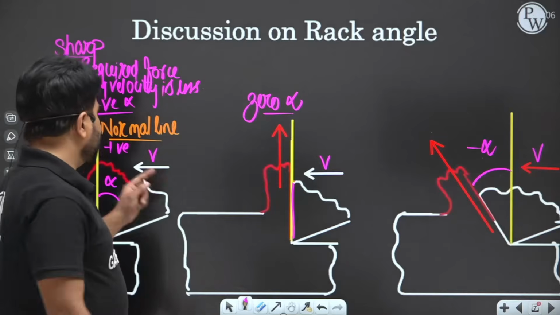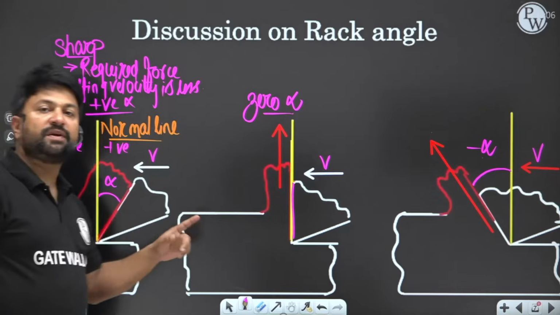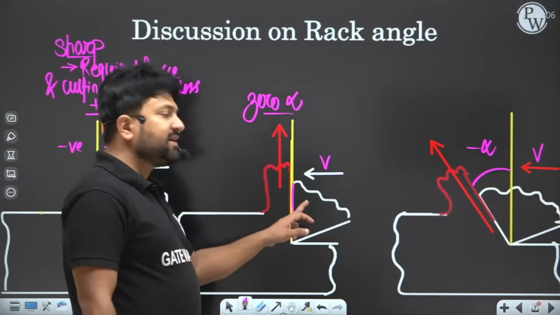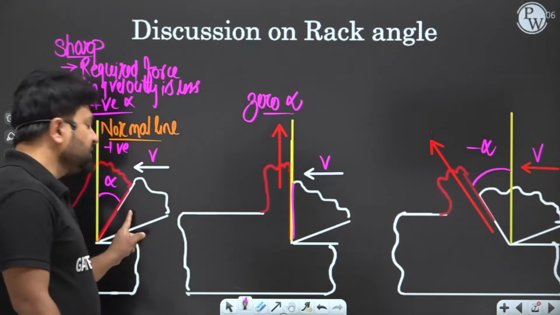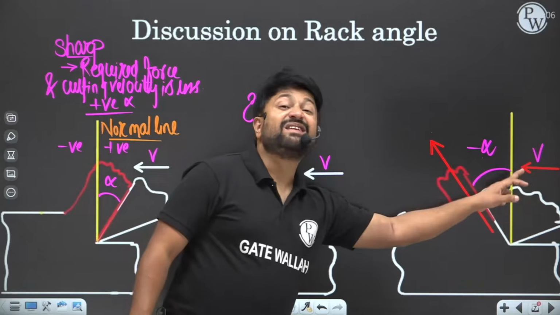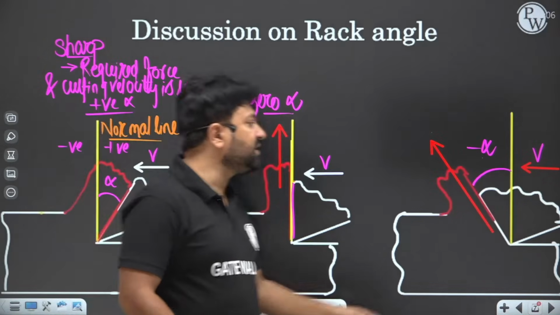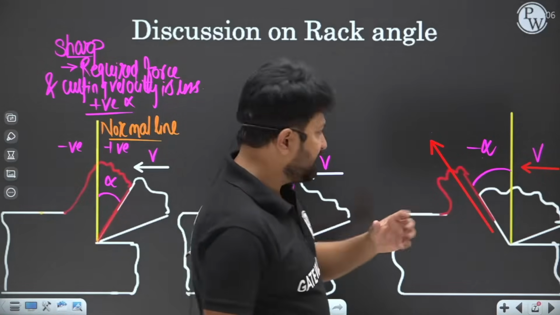As the value of the positive rake angle decreases, the sharpness of the tool decreases. So this is less sharp than that, and this is less sharp than 0 rake angle. Overall, the negative rake angle is less sharp.